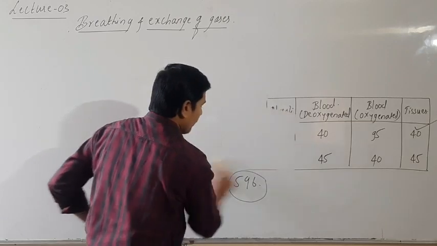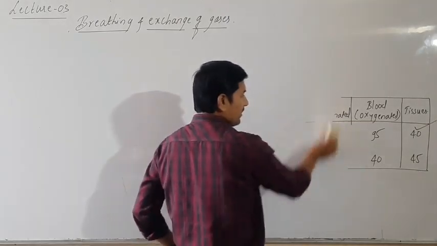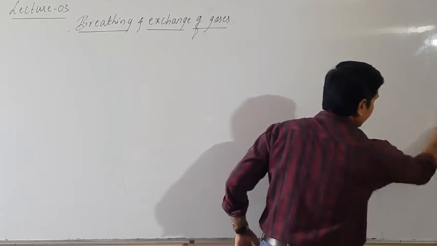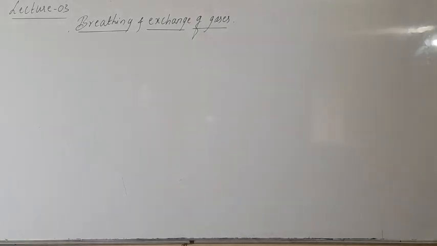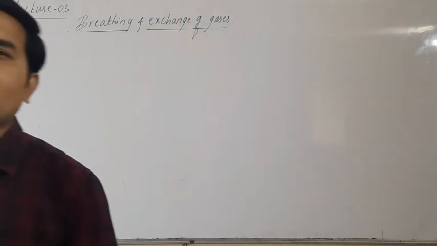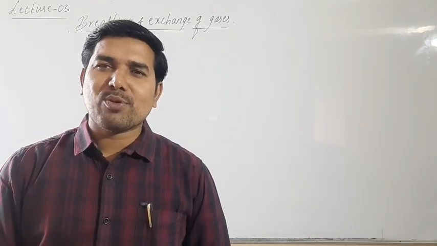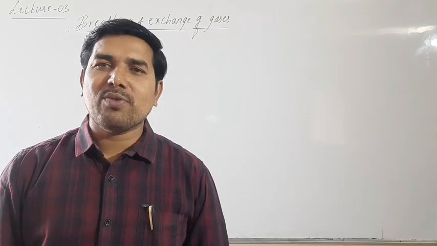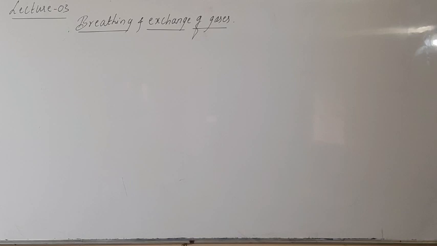In the transport of gases we have transport of O2 and transport of CO2. Oxygen is transported, carbon dioxide is also transported. How exactly are they transported? Let's look at that part.